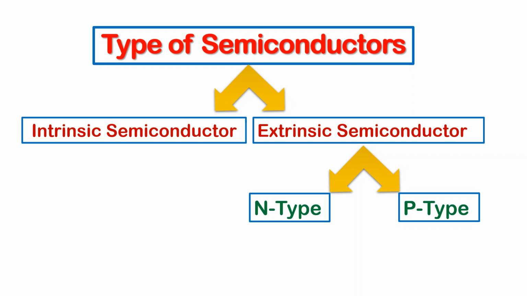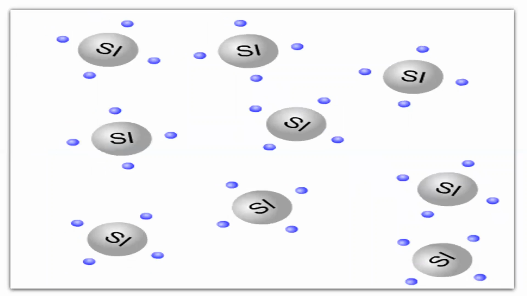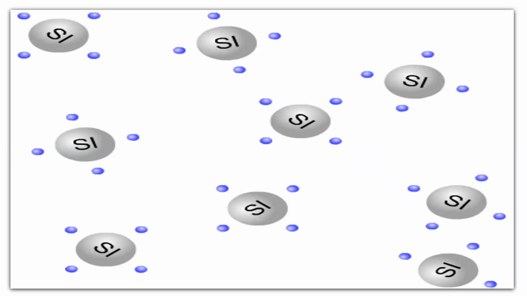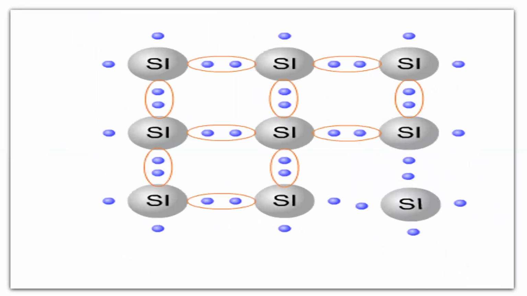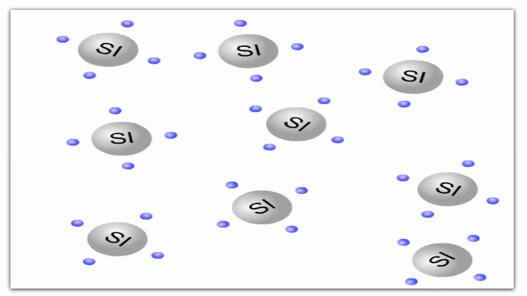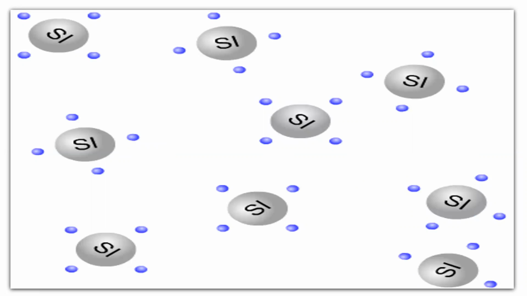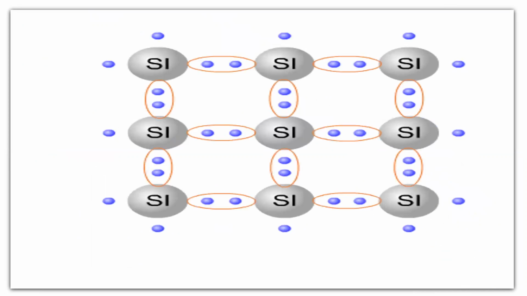So for stability, the silicon atom is ready to pair with another atom, or form a bond with a neighboring atom. Considering all silicon atoms, they form covalent bonds with the neighboring atoms. In this case, the electrons are shared between the atoms.